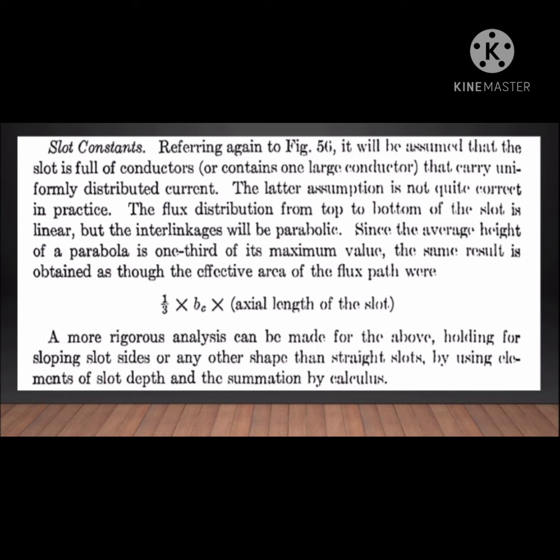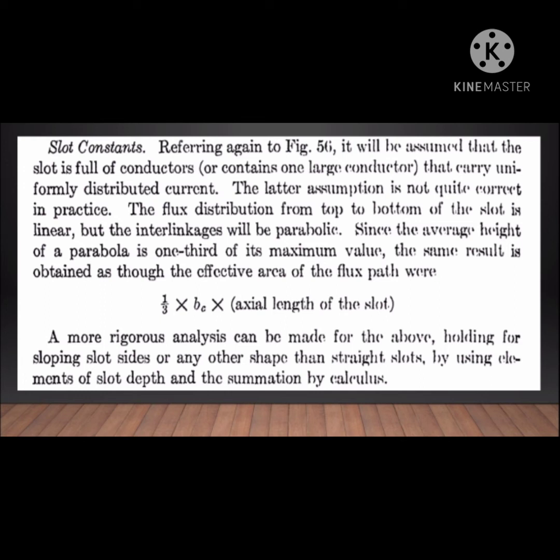Referring again to figure 56, it will be assumed that the slot is full of conductors or contains one large conductor that carries uniformly distributed current. The latter assumption is not quite correct in practice. The flux distributed from top to bottom of slot is linear, but the interlinkages will be parabolic.